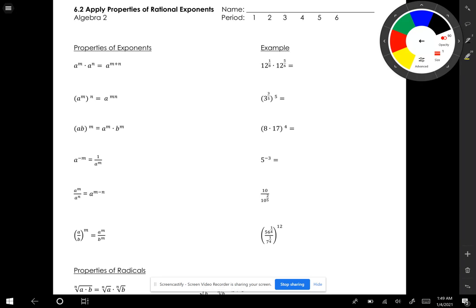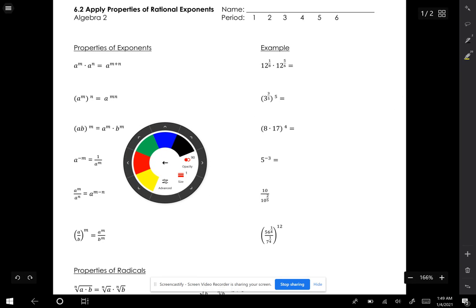So if you look at the first property, when you have the same base, you add the exponents. So if you look at the example, 12 to the 1/8 times 12 to the 5/6, you don't multiply the 12 times 12. You leave the base alone, but you add the exponent. So 1/8 and 5/6.